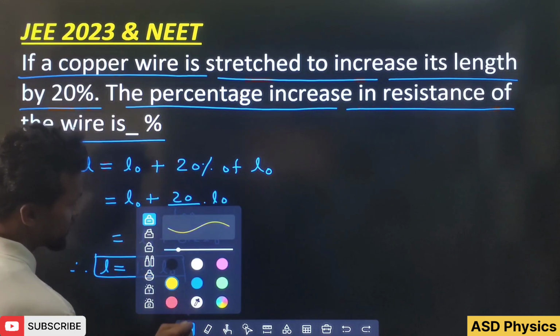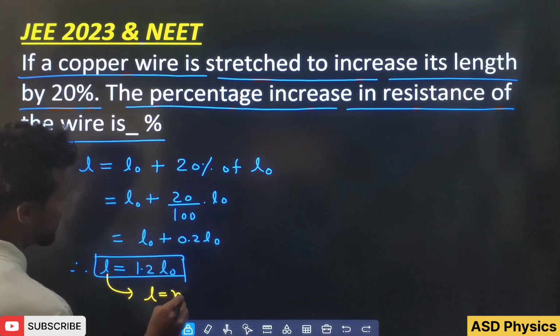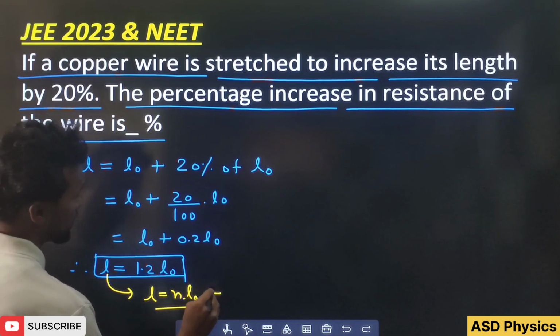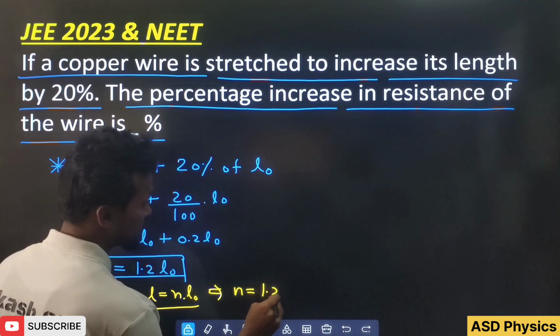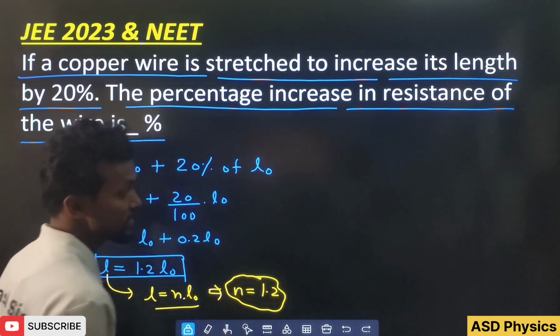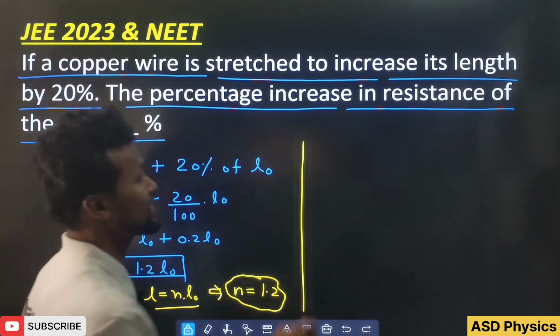If you compare this with L equal to N L naught, then the value of N is 1.2. In the question, they are asking the percentage increase in resistance.